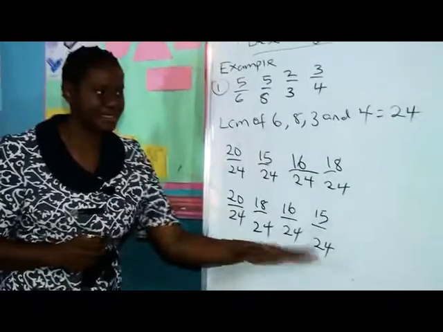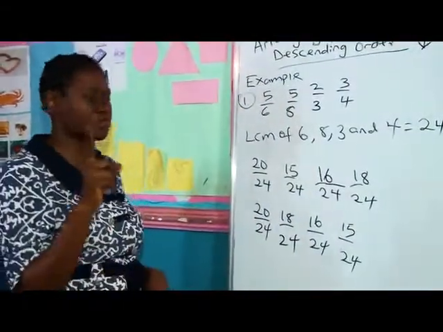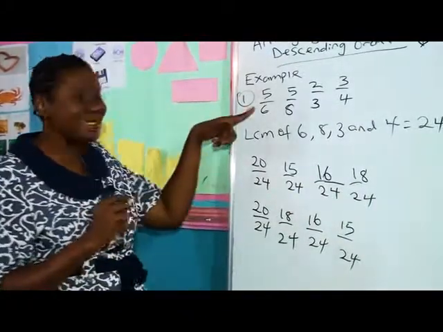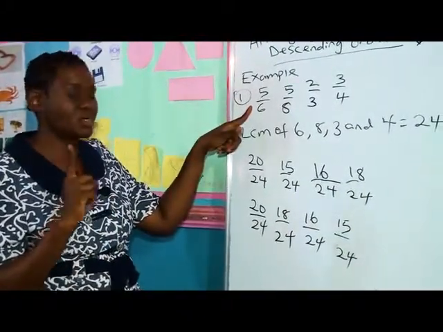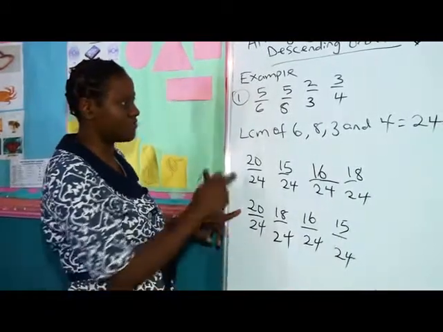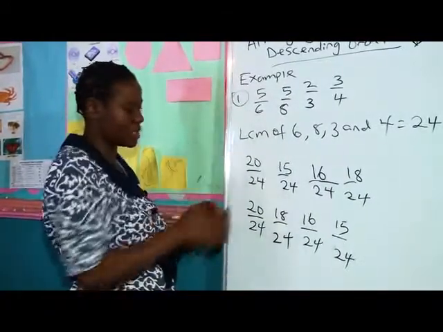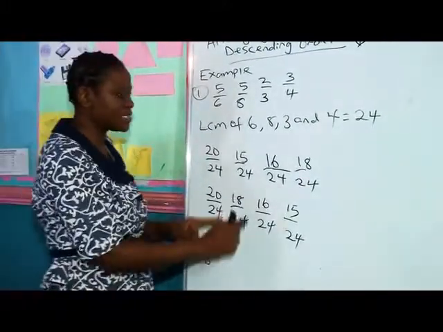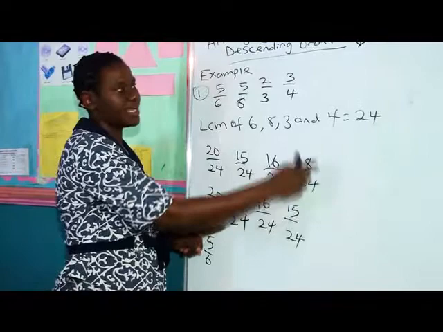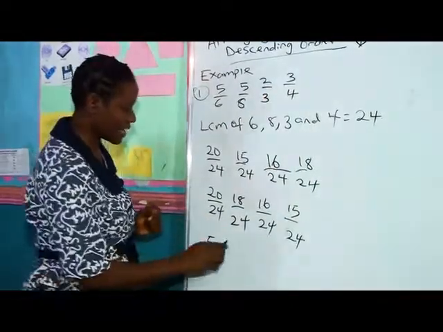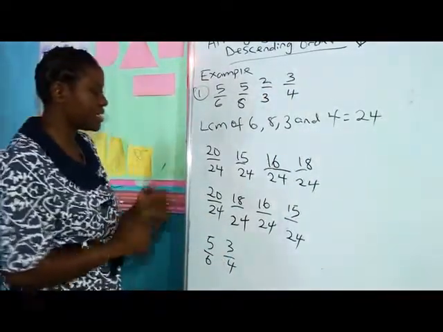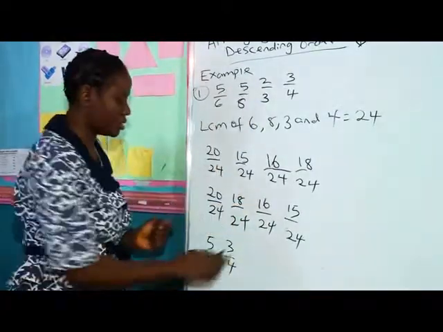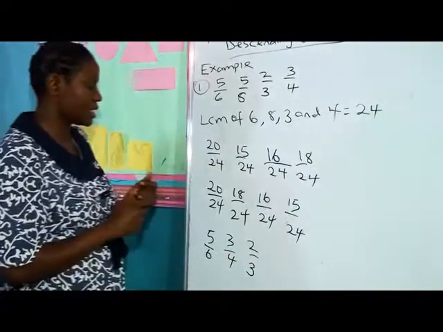I have arranged these numbers in descending order, but remember, this was not the original form of the question, so I need to change it back to the original question. 20 over 24 is 5 over 6, so in descending order, 5 over 6. 18 over 24 is 3 over 4. 16 over 24 is 2 over 3.